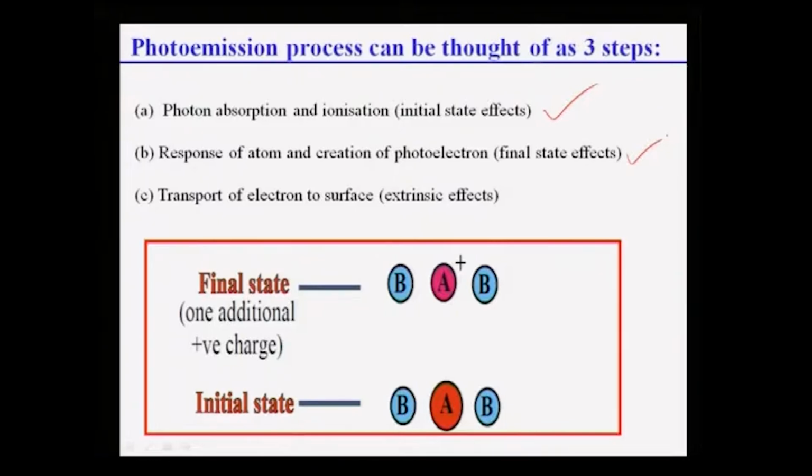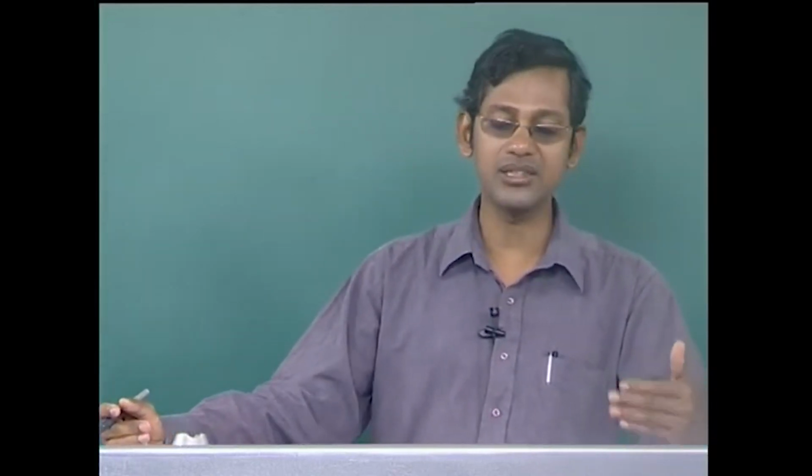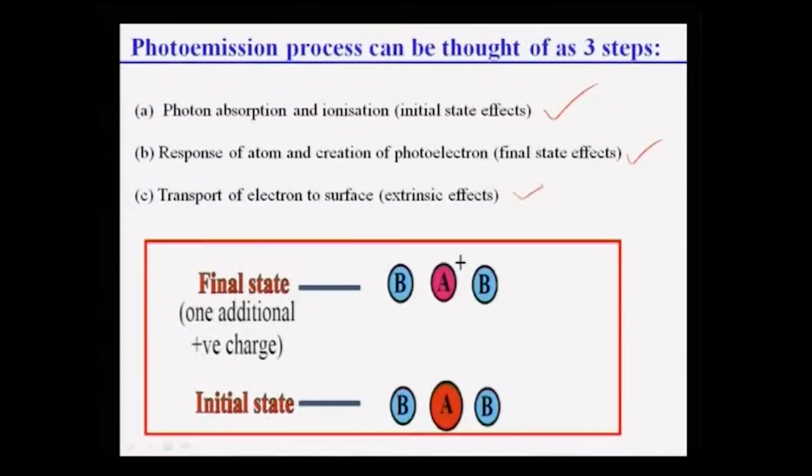Now the third step can be thought of as transport of these photoelectrons to the surface, and this is the extrinsic effect. This does not depend on the particular atomic species, it depends on the surface layer thickness and many other aspects. So first is the absorption, the X-ray photon h nu gets absorbed, and this causes ionization of the material.